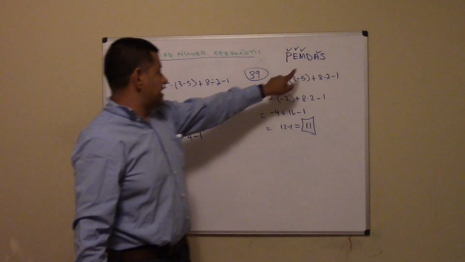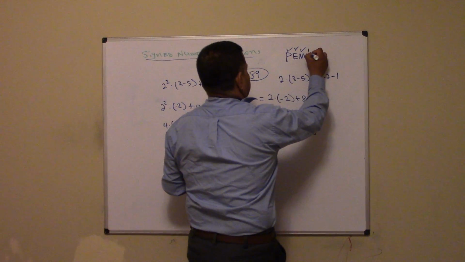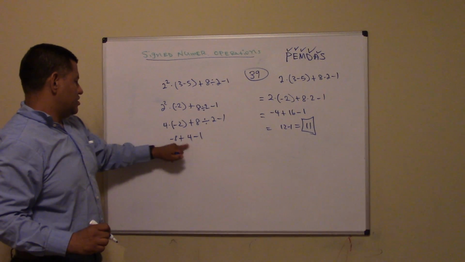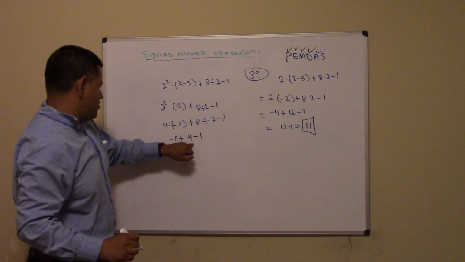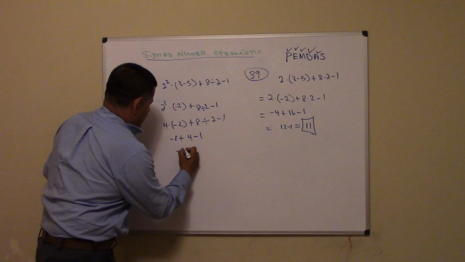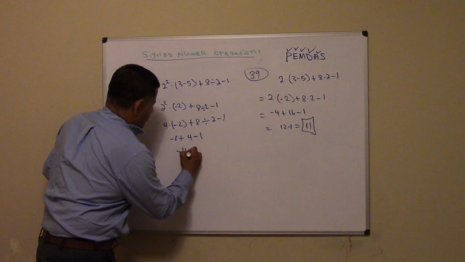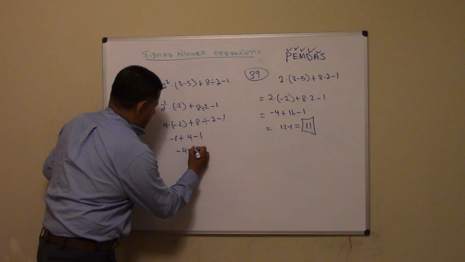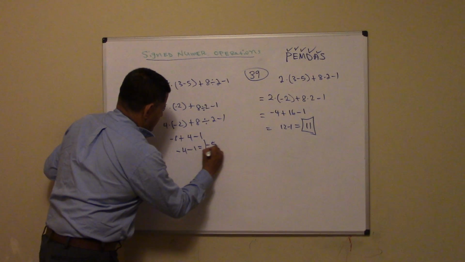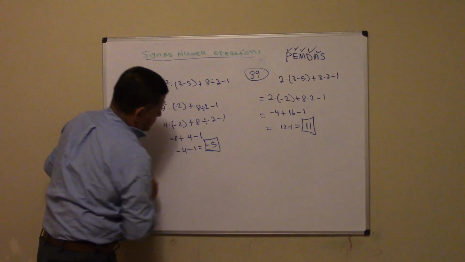Okay, so what is the next? I already did this. The next is addition, right? So then negative 8 plus 4 is negative 4. Minus 1 is equal to minus 5. Okay, that will be the answer for that.